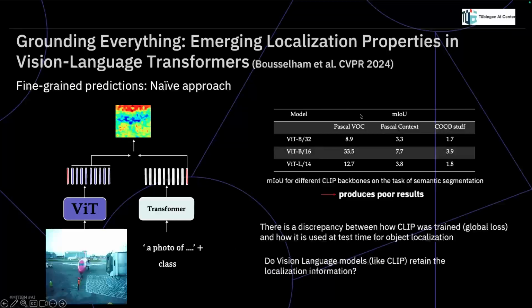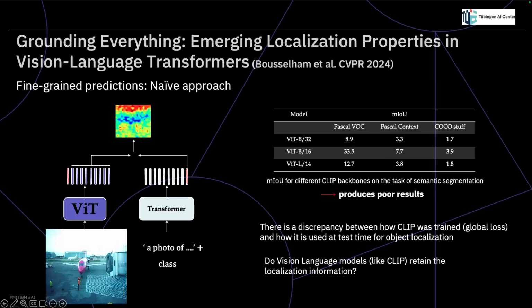And you can check that. Very simple example, when you take, for example, Pascal VOC classes or Pascal Context, and you just do this matching of patches and text embedding token, you will see you get super low results.